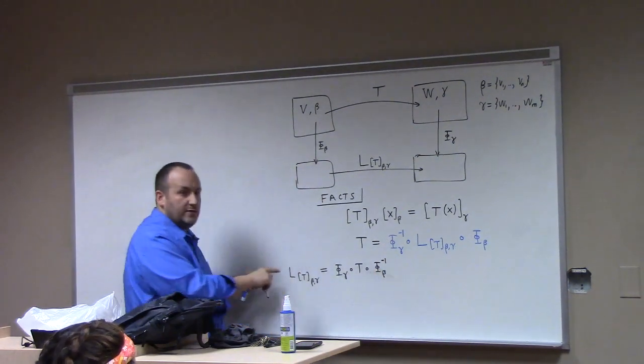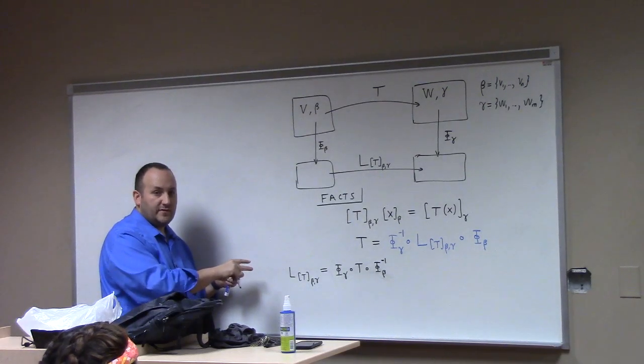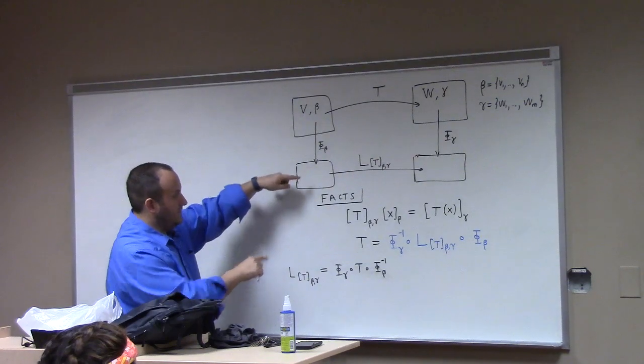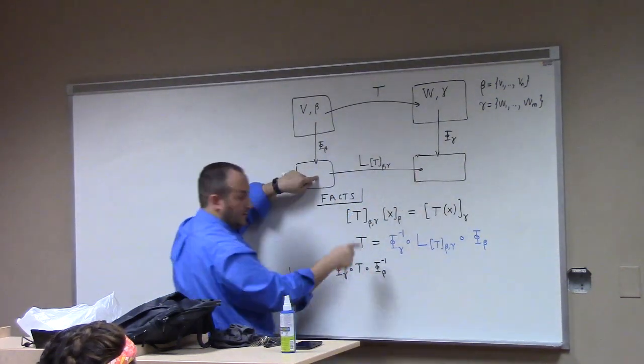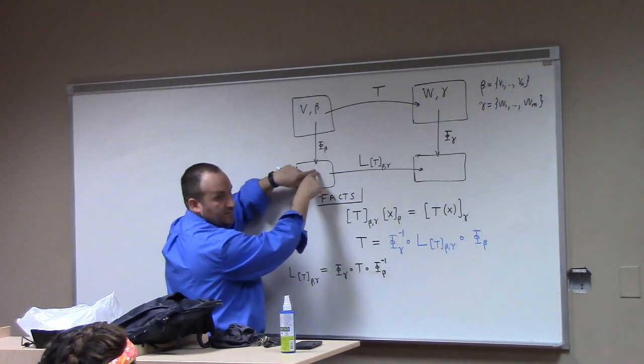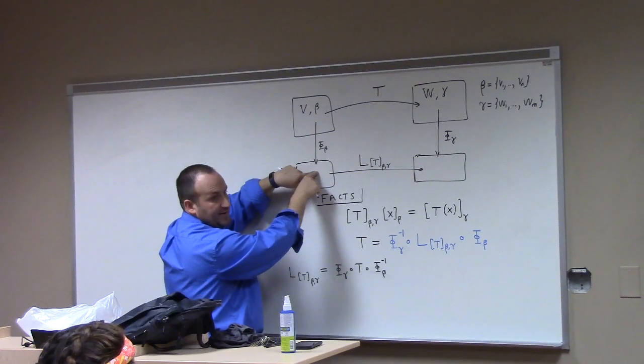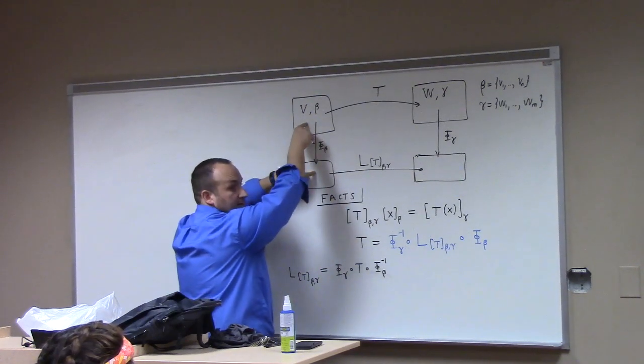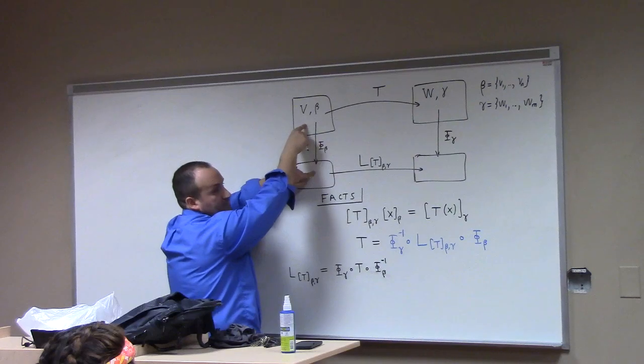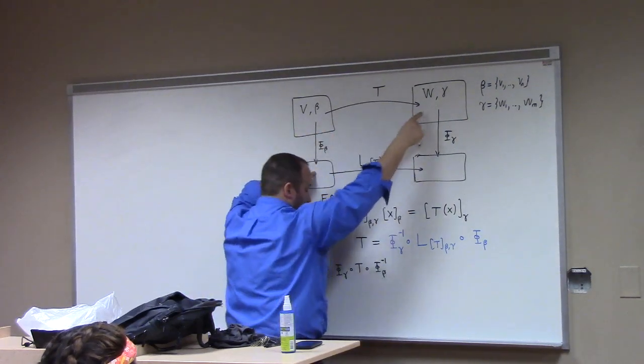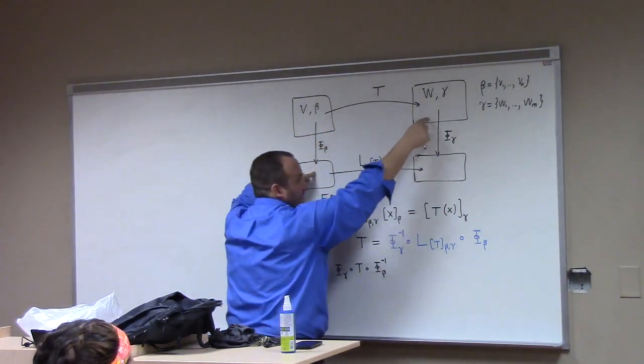This formula we can also see in the picture. Check it out. To go from here to here, I can first go by the opposite of phi beta up to here. Then I take T to go from V to W. And then I take phi gamma to go back down again.